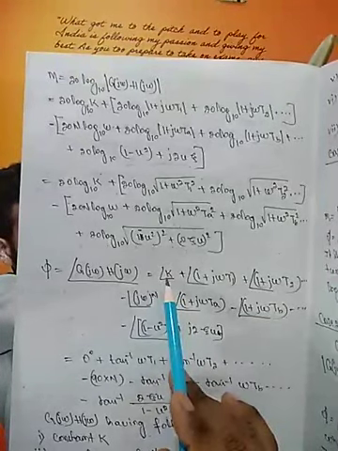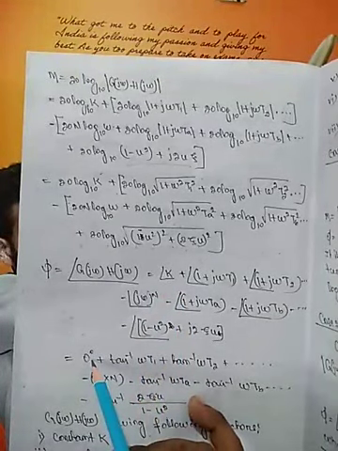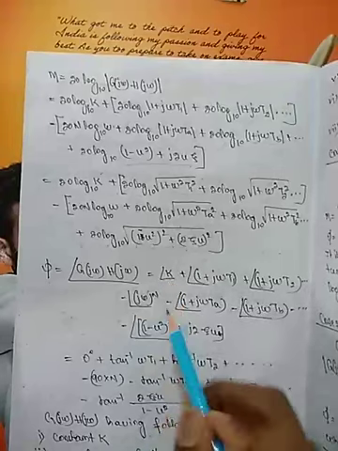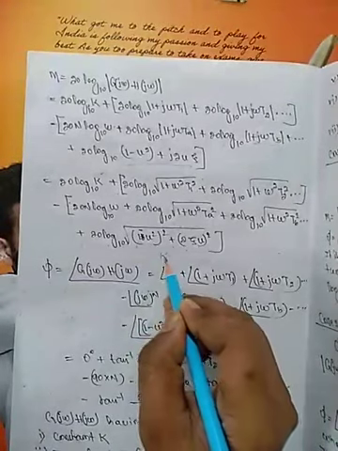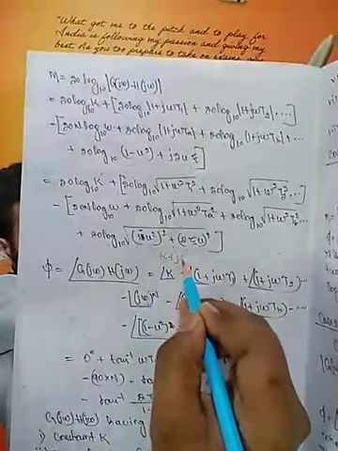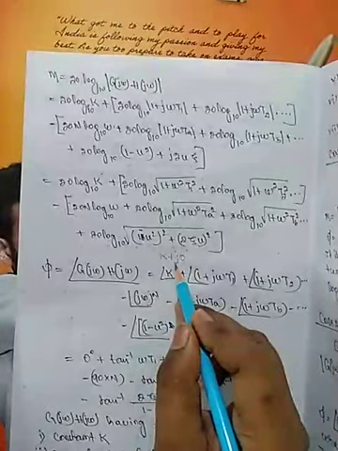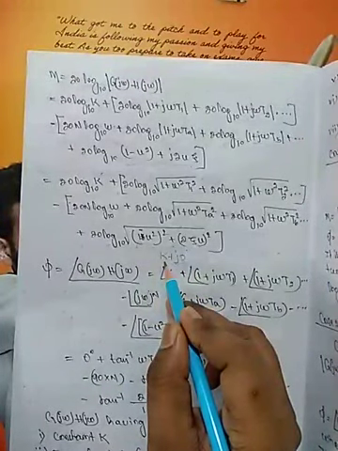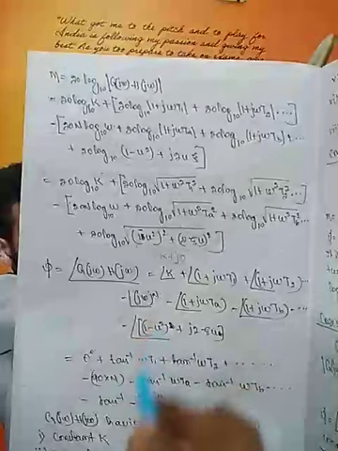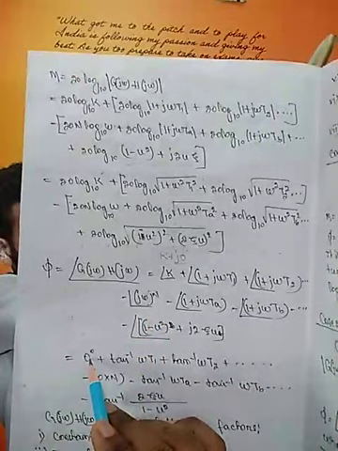For constant gain, the phase angle is 0 degree, because the real part is k and the imaginary part is 0. So tan inverse of 0 by k is 0 degree.